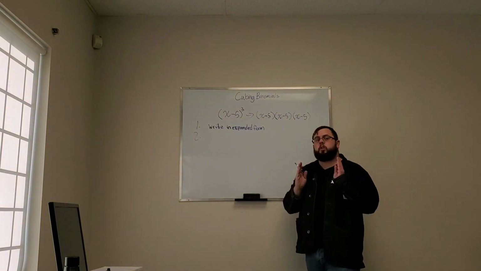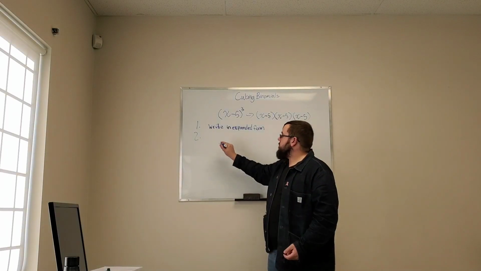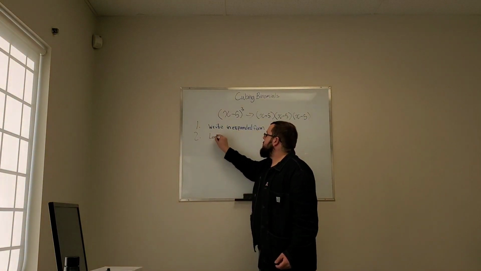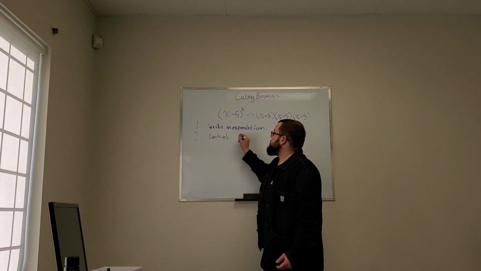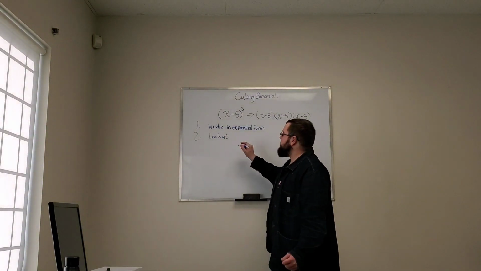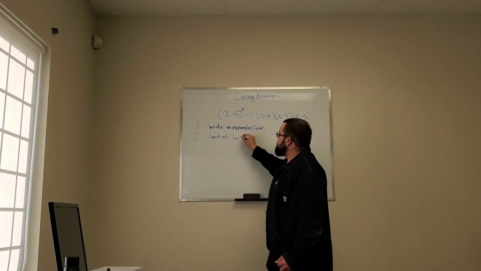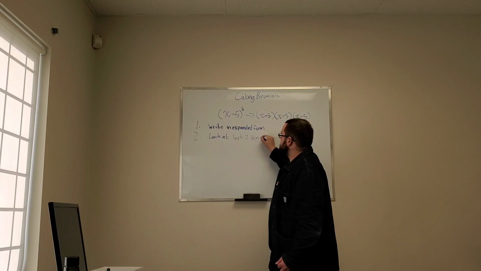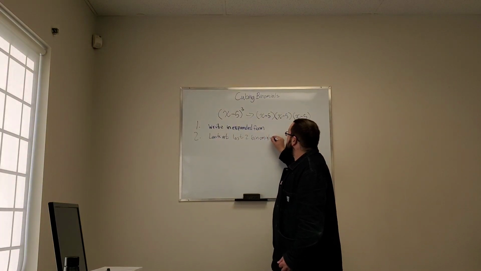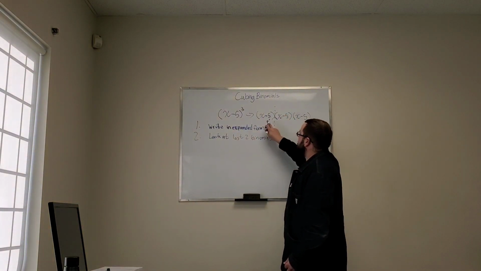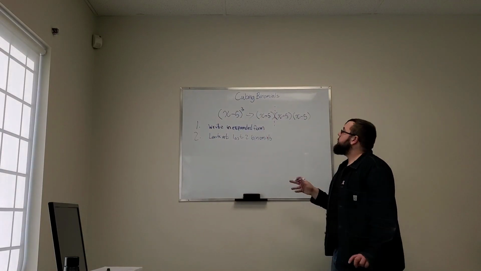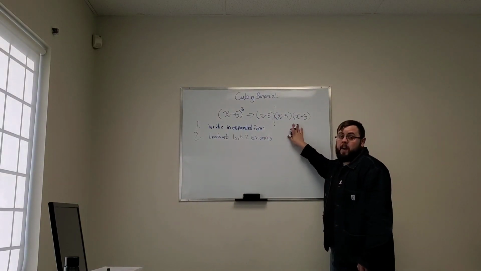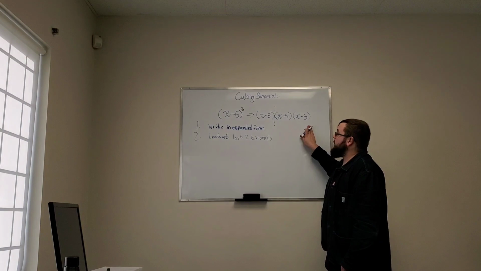Now we're just going to look at 2 terms, and for the sake of easiness, I'm going to say look at the last 2 binomials. We're just going to ignore the first one for now. Looking at this, we've got x minus 5 times x minus 5.